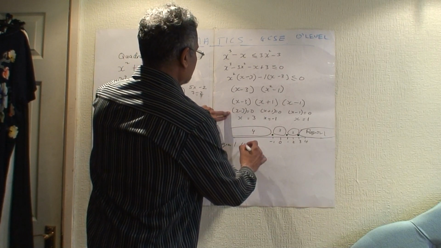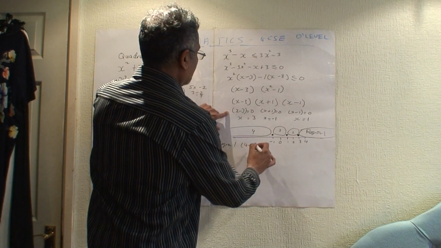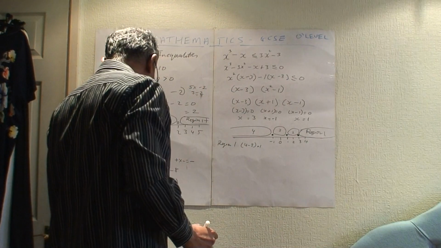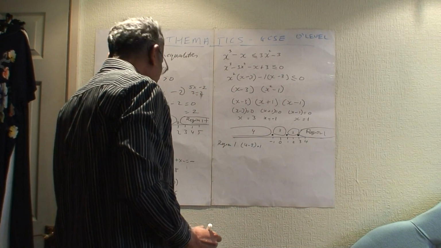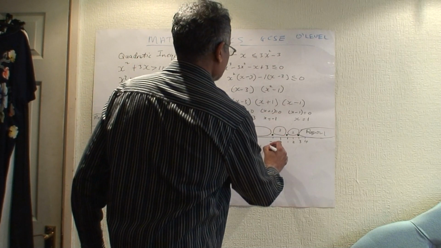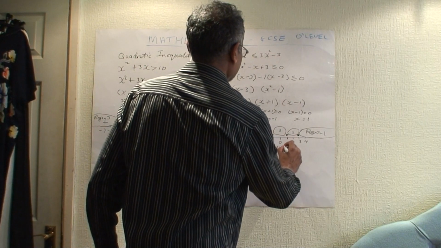We have 4 minus 3, which is equal to 1. For here as well, 4 plus 1 is equal to 5.